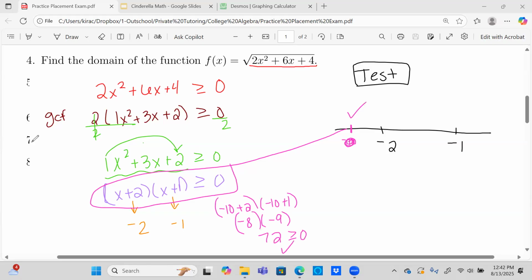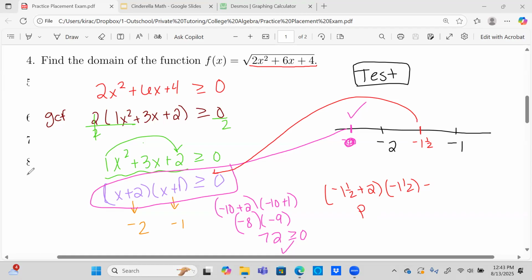Okay, let's pick a number that's in between there. So I'm going to pick -1.5. Yes, that's -3/2. All right, put that into the purple step. So that's going to be -1.5 or -3/2 plus 2. Okay, so that would be positive. And then -1.5 plus 1.